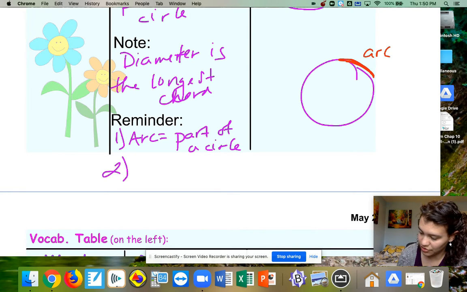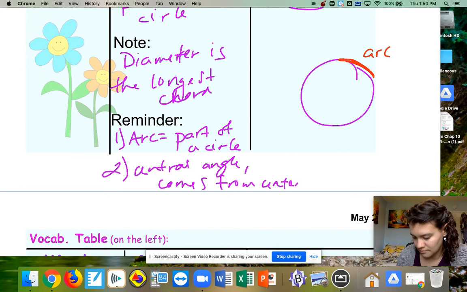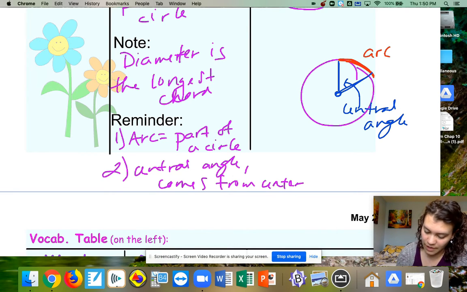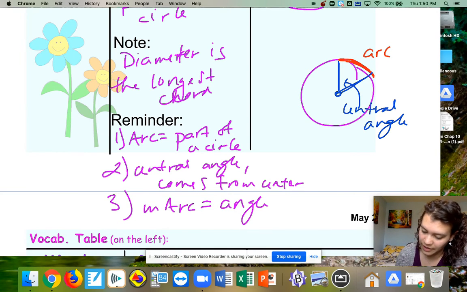And then a central angle comes from the center of a circle, so if this is your center, this would be your central angle. And then the final note, the measure of your arc is equal to the central angle. So if this was 70, this is also 70.